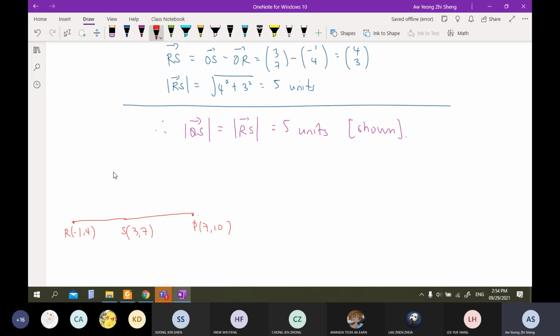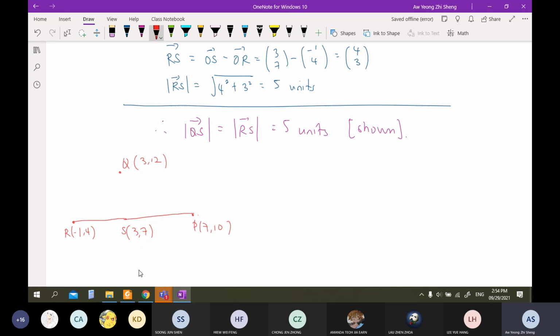Then you have your Q here with coordinates (3, 12). These are all information that we had earlier. From your vectors OP, OQ, OR, and also OS, you can find the coordinates. And Q will be directly above S because they have the same x coordinate.